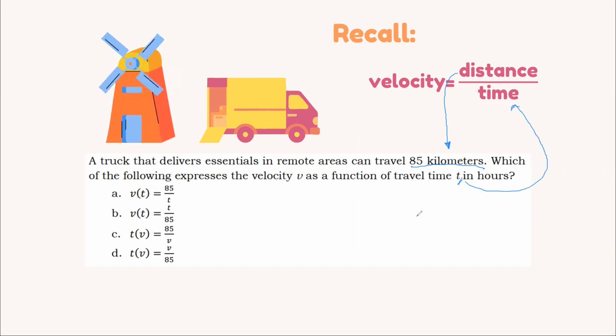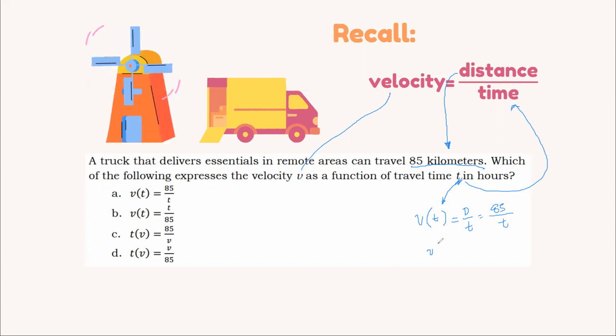So that would be v, velocity, and yes, it is a function of travel time t. So that's v of t is equal to distance over time, where the distance is 85 kilometers over t. So our final equation is 85 over t.